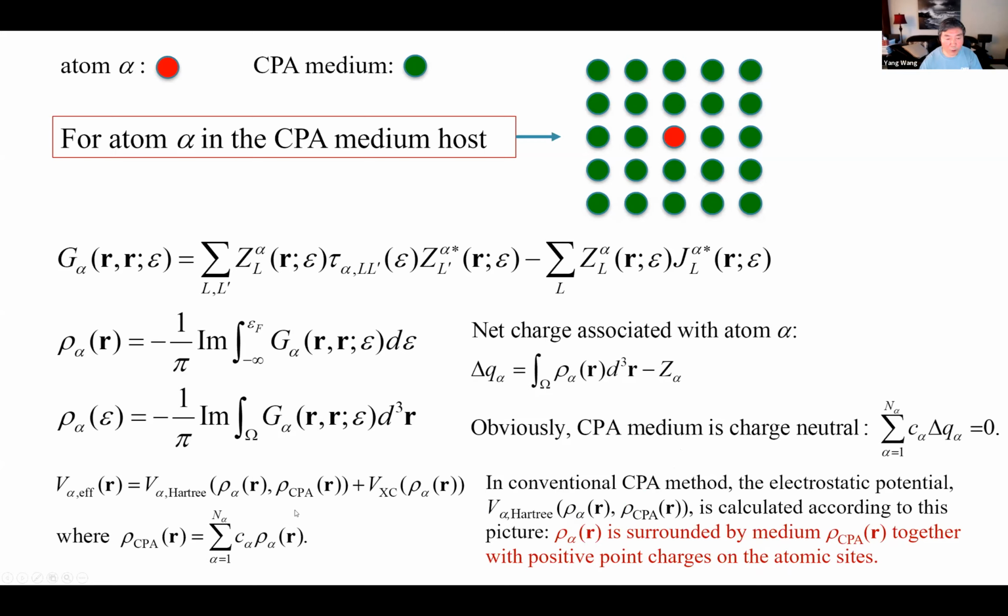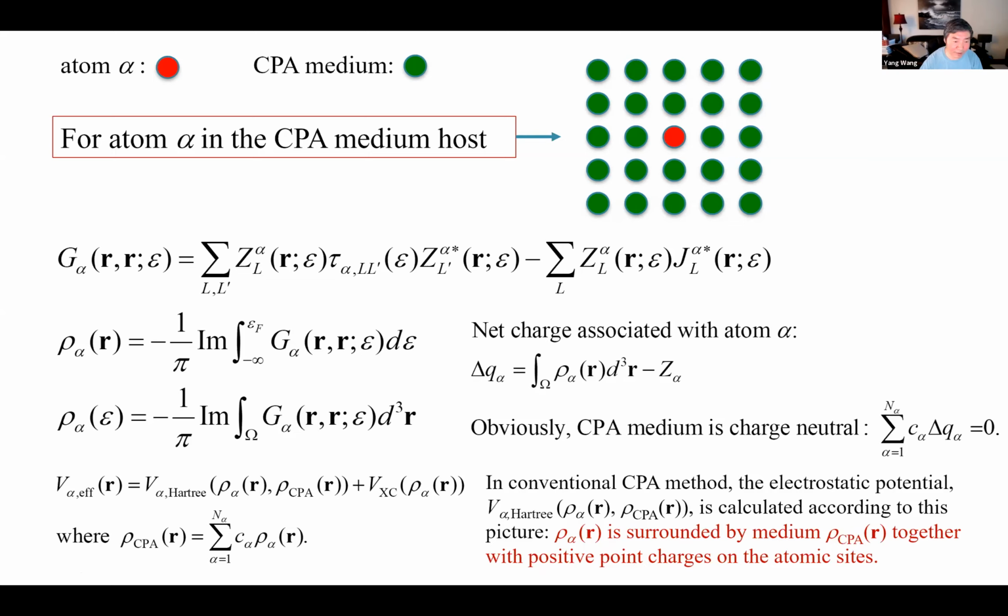Once we have the rho, we calculate the Hartree potential. Then we calculate the exchange correlation potential given the charge density. We construct the effective potential. The effective potential will go back to the self-consistent loop, right? That's the loop I showed at the very beginning, the calculation everybody performs.